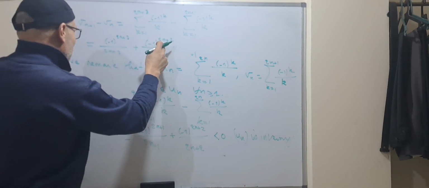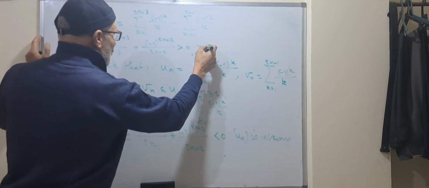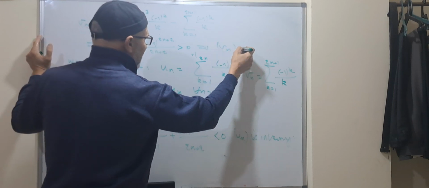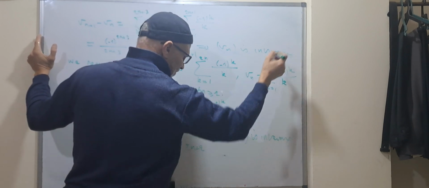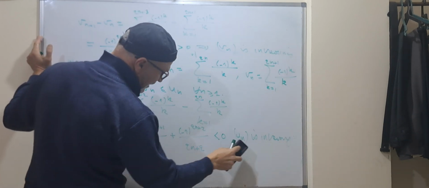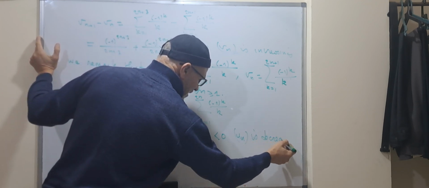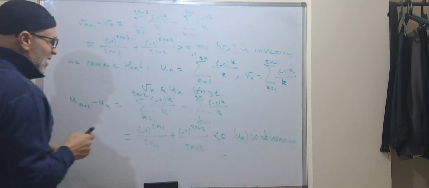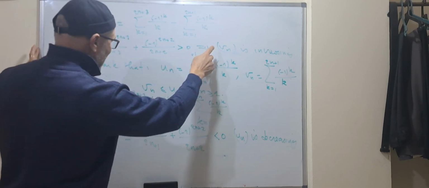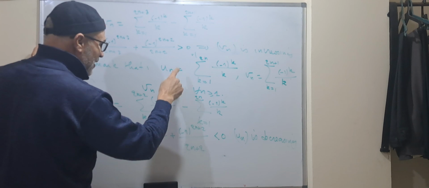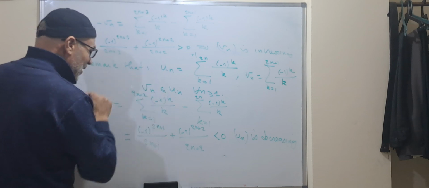This is positive and greater than this negative one. This means that it is greater than 0, which implies that vn is increasing. Here, sorry, decreasing, since it is less than 0, so it is decreasing. It seems that I am tired. So vn is decreasing and un is increasing. Vn is decreasing and lower bounded by u1, so convergent, and un is increasing and upper bounded by v1, so convergent.